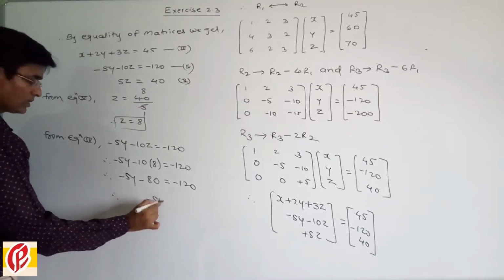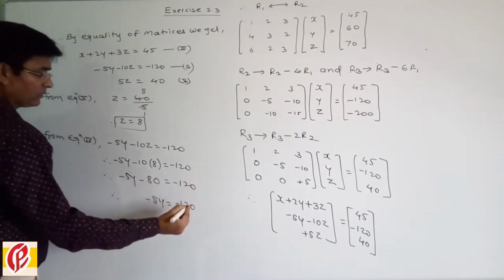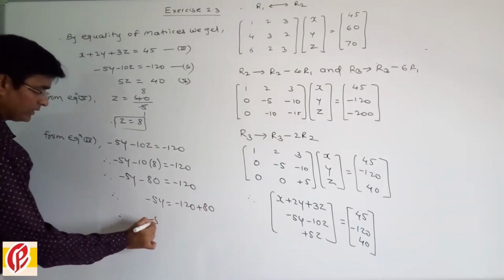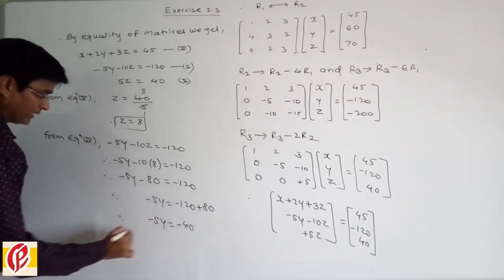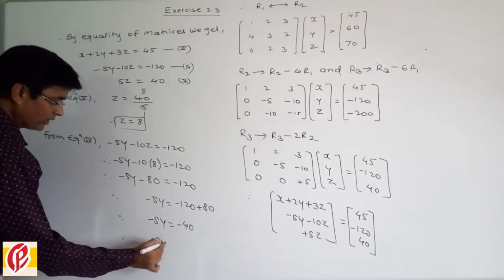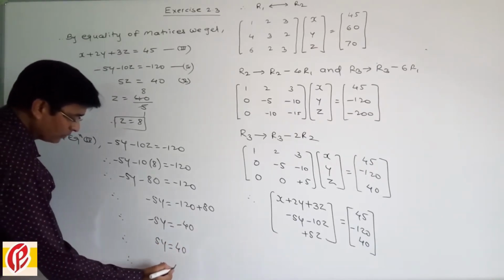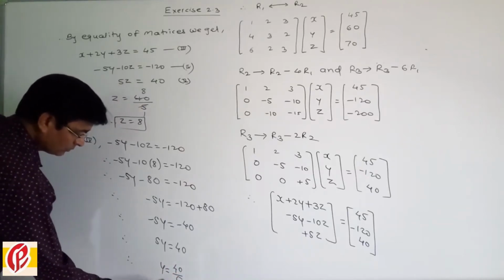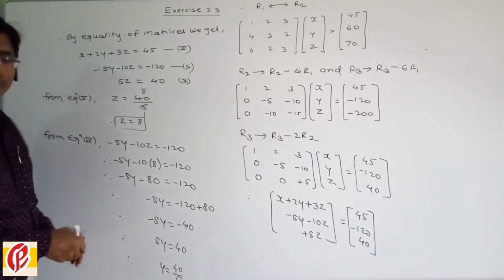Therefore minus 5y is equal to minus 120. Shift this minus 80 to right side, it is plus 80. Therefore minus 5y is equal to minus 40. So minus minus plus, so 5y is equal to 40, and therefore y is equal to 40 divided by 5. So y is equal to, 5 8s are 40. So we get y is equal to 8.